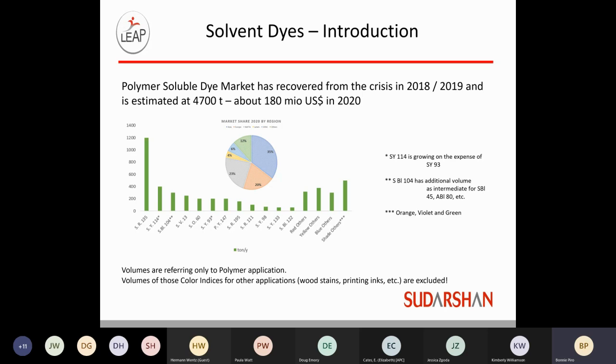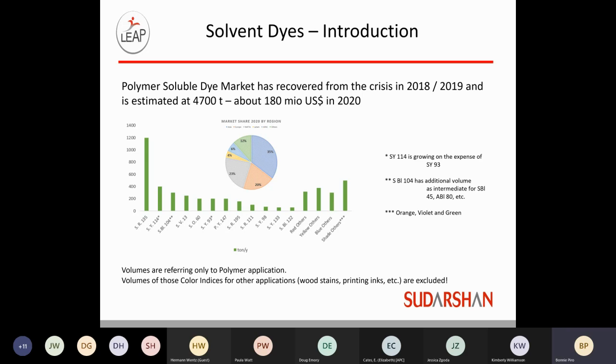Next in line would be the solvent blue 104, and then all the others follow in line after that. Then there are some general categories at the very end where we pull together other reds, other yellows, other blues, and others.